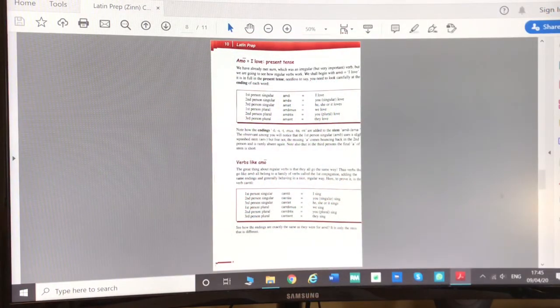So here's page 10, and I would like you to read it on your own before I say what I have to say about it. There's no point in me reading out loud now. You can pause this and read page 10 for yourself. Then we'll focus in and I'll talk a little bit more about it.